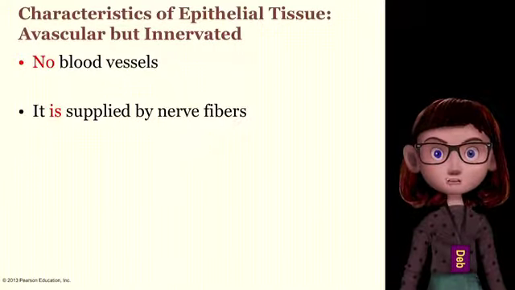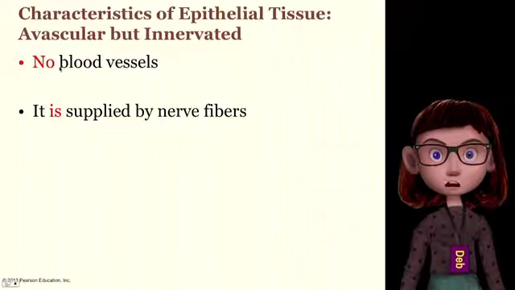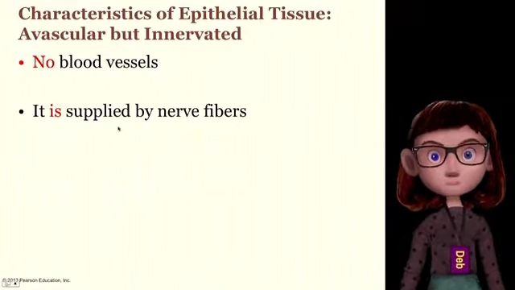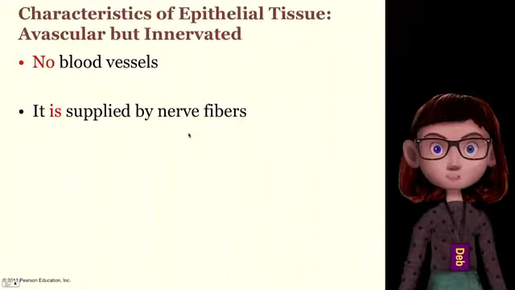This is pretty self-explanatory. Epithelial tissues do not have blood vessels, but they are innervated. They are supplied with nerve fibers.